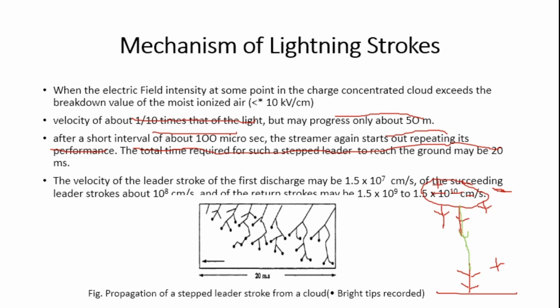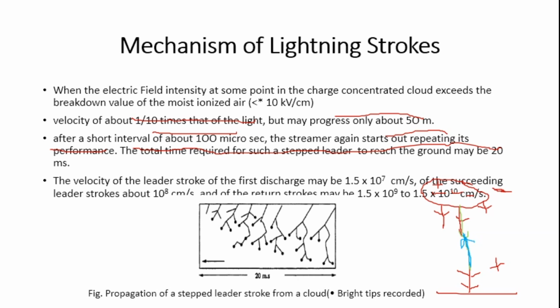Whenever this makes the point of contact, this is the step ladder. Then there is a return path, which moves from the ground to the cloud. Then we call it a return path.